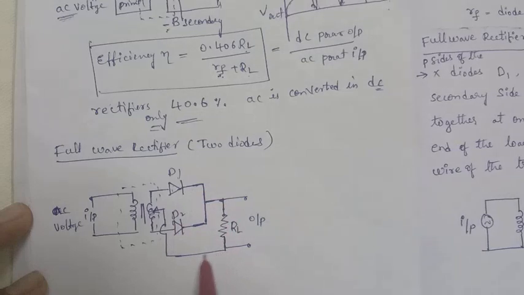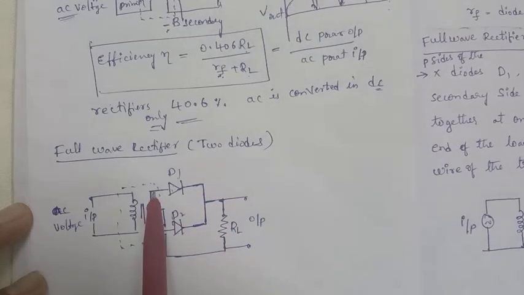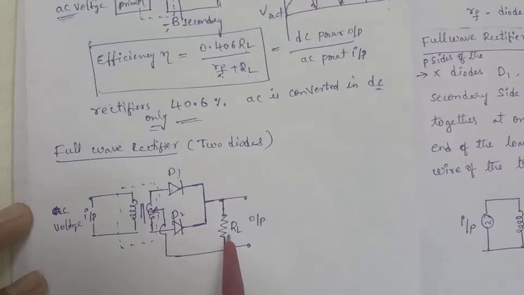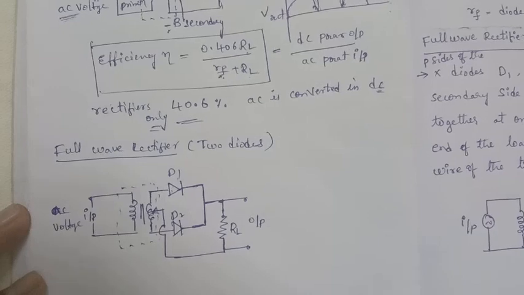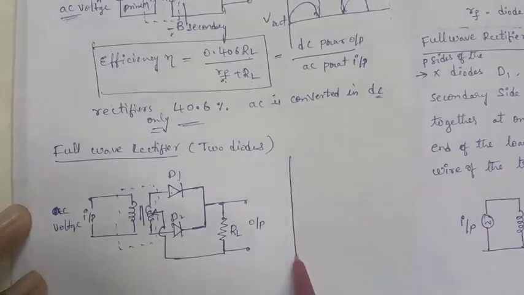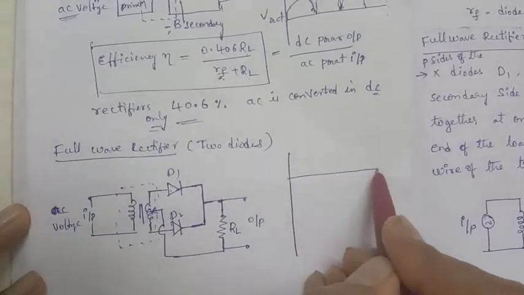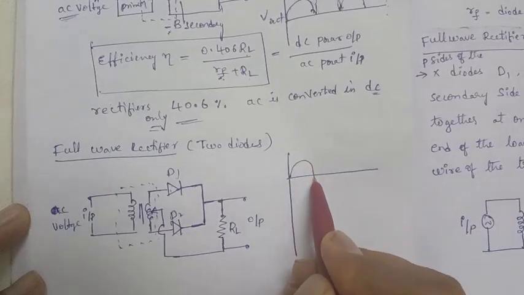The other end of the load resistor is connected to the center tapped wire of the transformer, and here we are taking the output across the load resistor. It is the construction part. So how will it work? It is the input voltage.